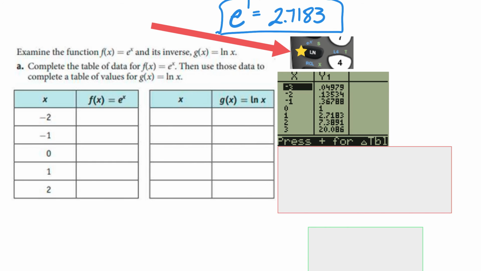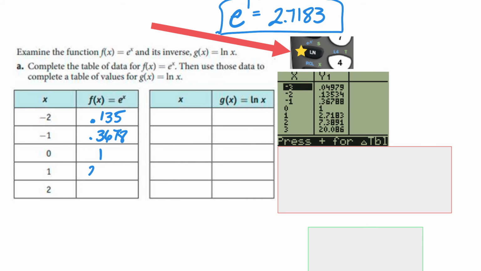So let's input our values here, and we're not even going to graph this one. We just want to get familiar with these numbers. If I were to graph these, it would look like the one we did at the beginning, but it's basically between the doubling and tripling family. So here are our input values. -2 is 0.135. -1 is 0.3678. 0, of course, is 1.